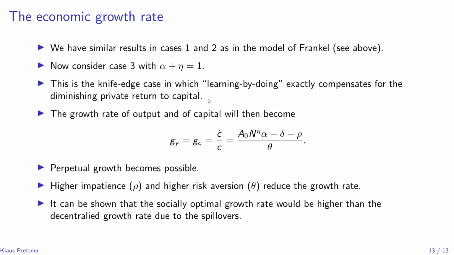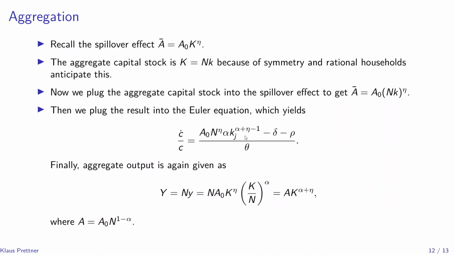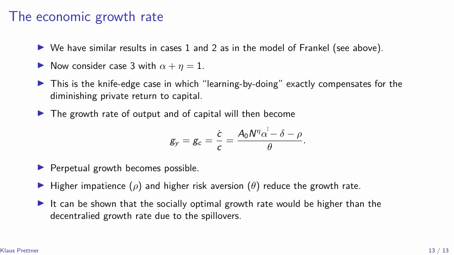However, there is again case 3 in which alpha plus eta are exactly equal to 1. And in this case, we see from this expression here that k_j drops out. We get the expression that we have here for the growth rate of consumption, which is equal to the growth rate of per capita income in the economy.